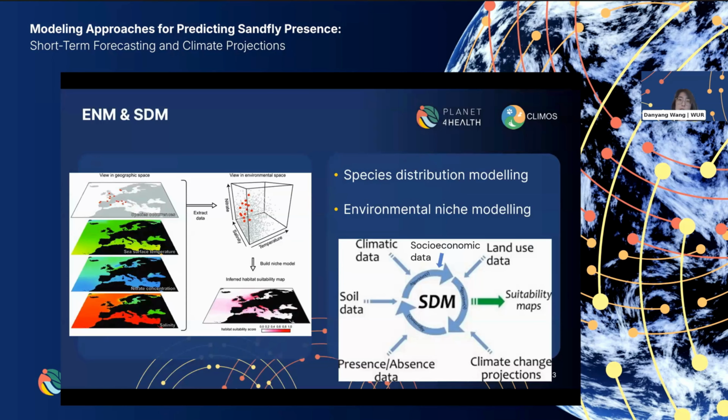Environmental niche modeling, or ENM, is a term used interchangeably with species distribution modeling. There are some nuances between the two, but they are often used interchangeably. Essentially, what they do is link the observations of the studied species with their environmental conditions. Often they are spatially explicit, as you can see illustrated in the map.